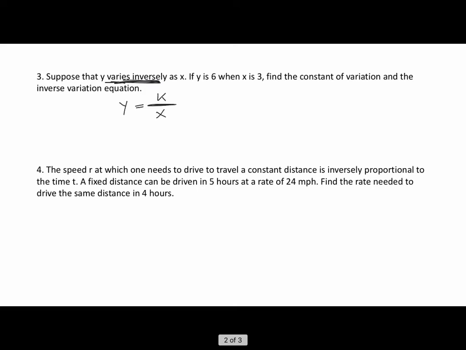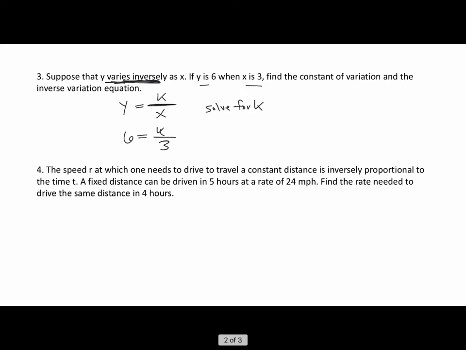That's a direct translation for varies inversely. So then they give me some numbers here so I can solve for k. Always your first goal with variation. So it says y is 6 when x is 3.